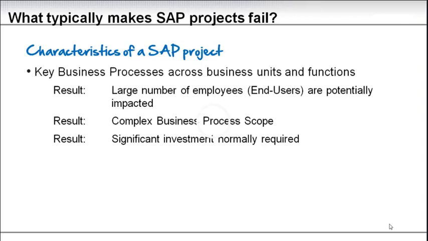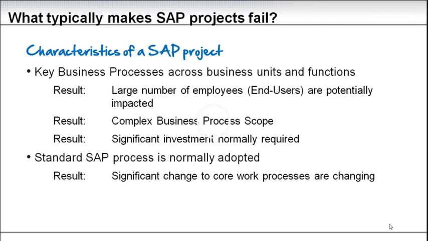These are key business processes, meaning some of the most complex business processes are normally in scope of the SAP project. And SAP is not a cheap tool, so a significant investment is normally required in both the product itself, but also the skills able to handle, understand and perform the tasks required in order to transform these business processes into SAP.